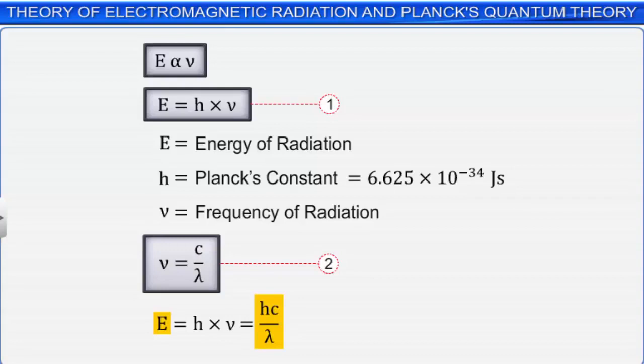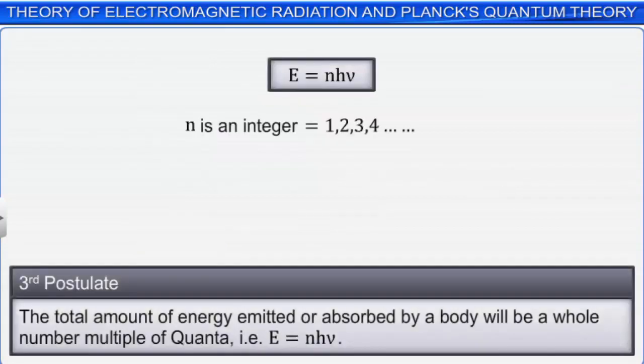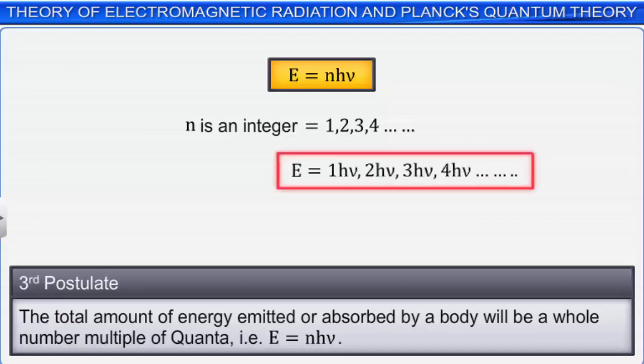The third postulate says that the total amount of energy emitted or absorbed by a body will be a whole number multiple of quanta. That is, E equals n h nu. This means that an atom or molecule can absorb or emit either one quantum of energy or any whole number multiple of quanta. Note that only certain values of energy are permissible. This is called the quantization of energy.